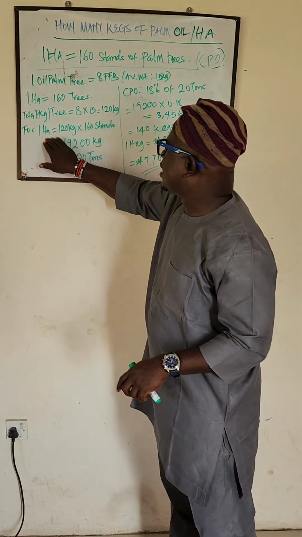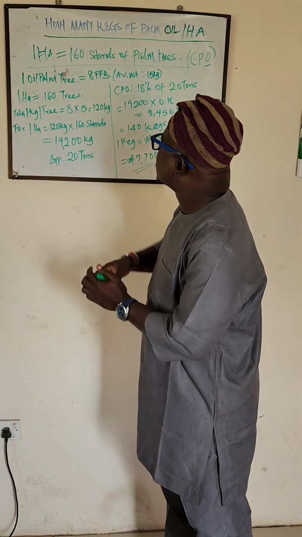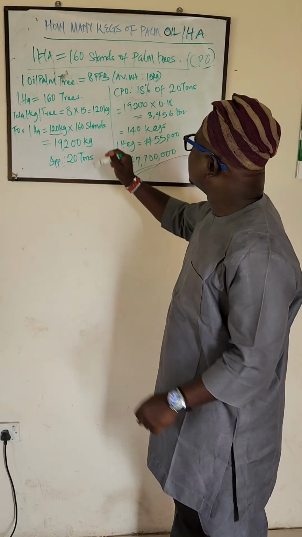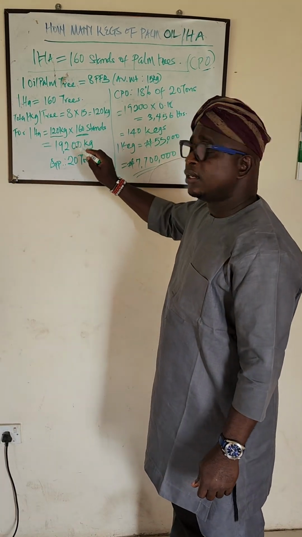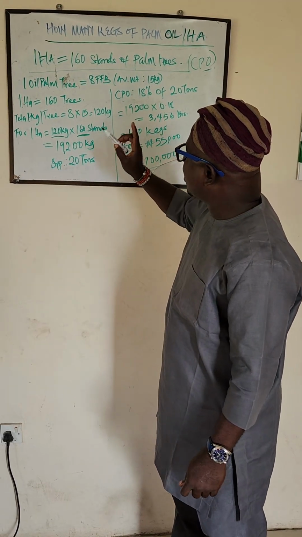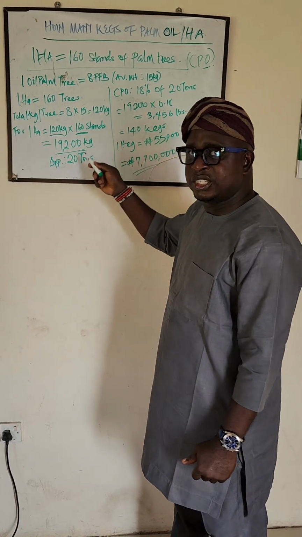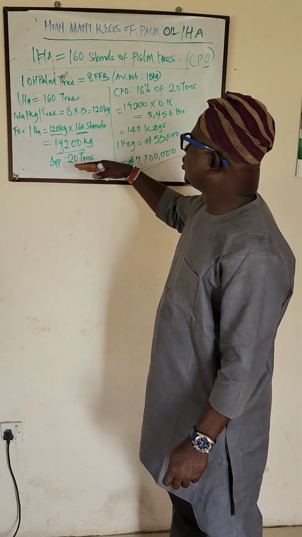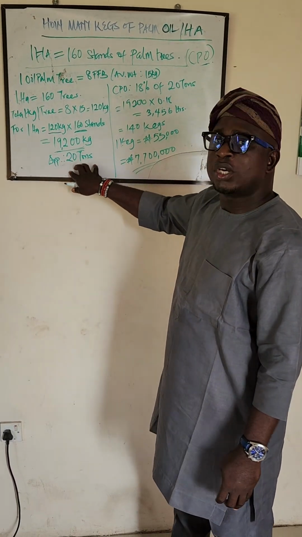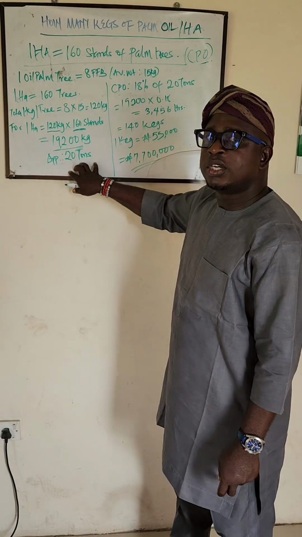For 1 hectare, which is 2.5 acres of land, you multiply this 120 kg by 160 stands of oil palm tree. It will give you 19,200 kg, which is approximately 20 tons. Let us even assume 19 tons, but say approximately 20 tons.